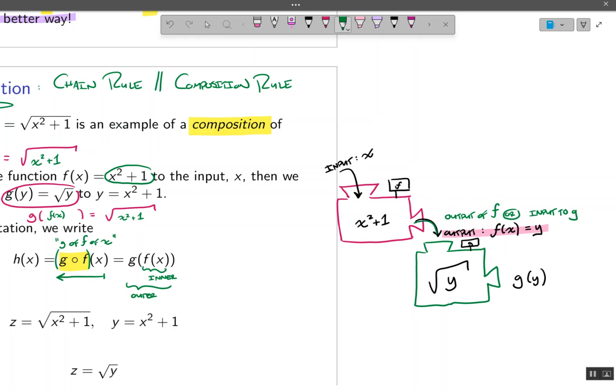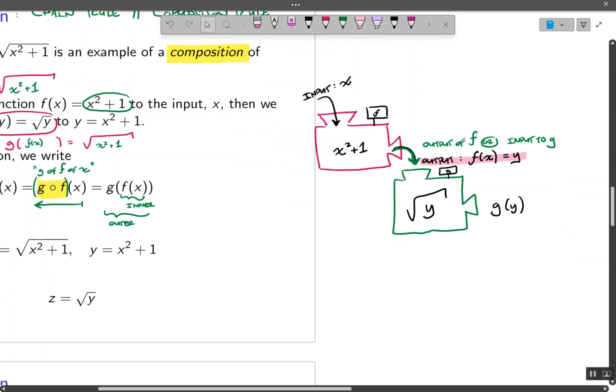This thing that comes out right here is coming out of f and into g. So we have chained these two functions together. Something comes into here, something happens, it gets spit out, something happens, and then it comes out again. This is the composition of functions.